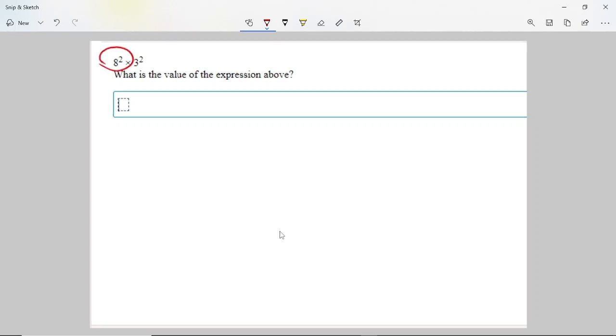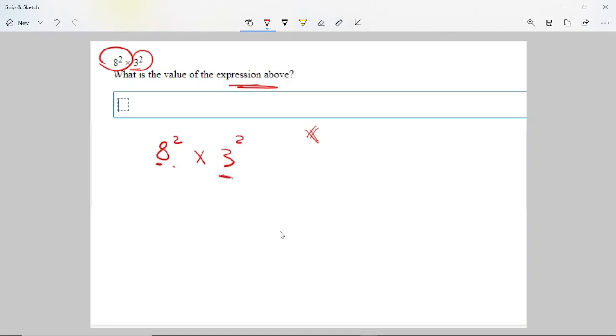8 power of 2 multiplied by 3 power of 2. What is the value of the expression above? Someone here can say, I can add these powers together. I would say, no, this is not right because the numbers are different. If the numbers are the same, I can add the powers together.